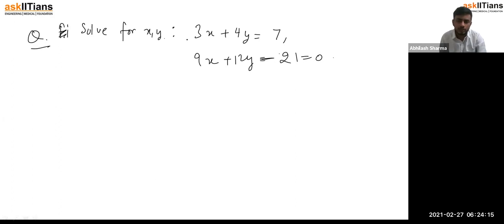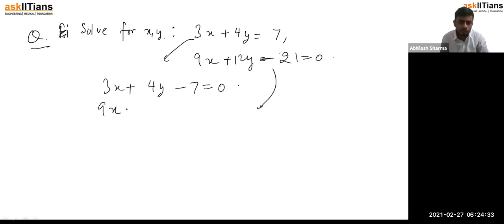So what we can see is, first we can transform this equation in this manner: 3x plus 4y minus 7 is equal to 0, in the form a1x plus b1y plus c1 equal to 0, and the other equation can be written as it is, right?